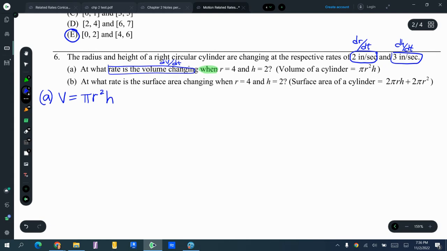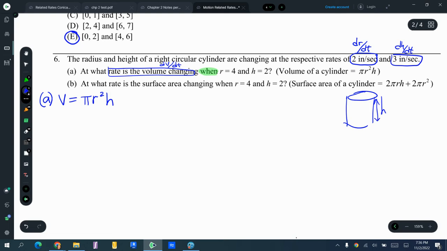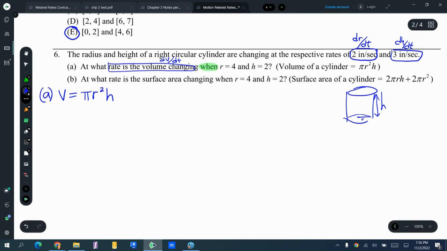I could draw this out, but my height is changing. My radius is changing, so it's not like I can plug any numbers in yet. So let's go ahead and take the derivative of this thing with respect to time. Let me move this over just a little bit.